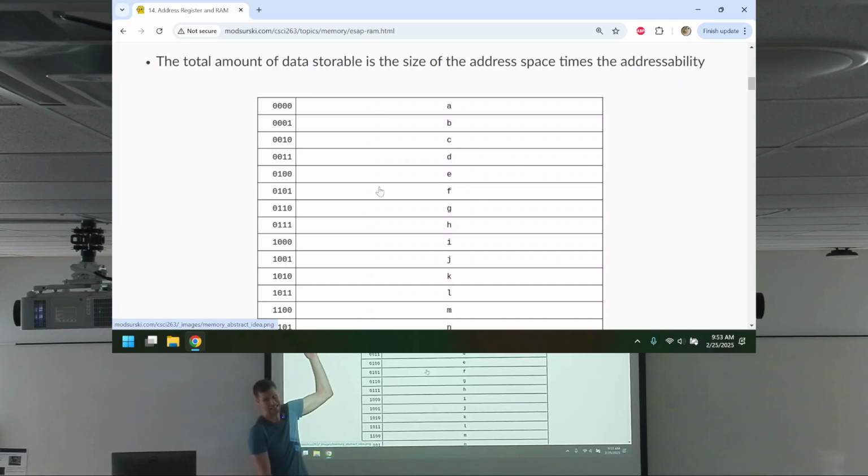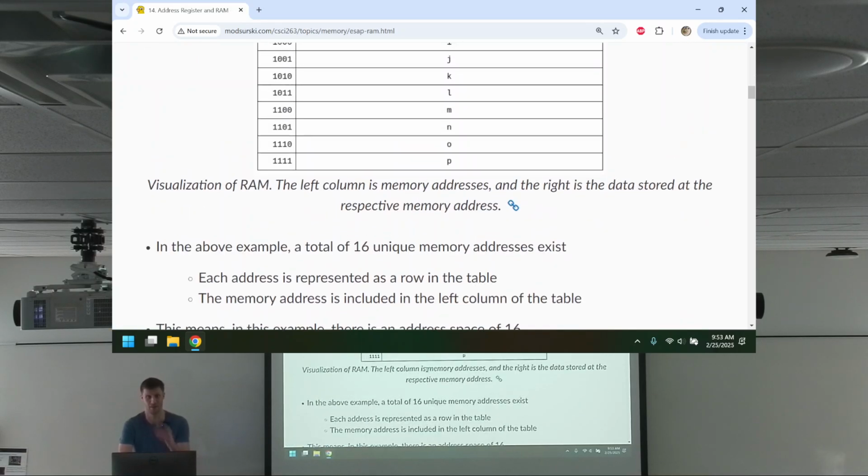If I have 16 addresses, each can store 1 byte, so 16 bytes. Very simple. Now if you wanted to know how many bits, what's 16 times 8? 128. There you go. I'll assume you're correct, but my ability to do arithmetic today is, who knows. All right. Any questions?